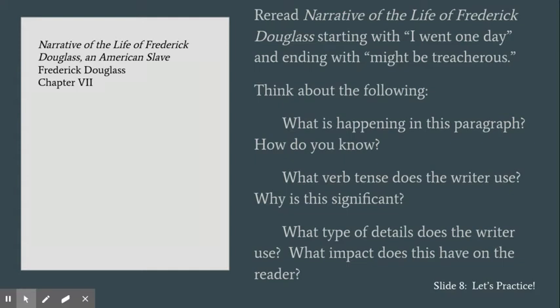Why is this verb tense significant? What type of details does the writer use? What impact does this have on the reader? I want you to read that paragraph, and then we will have a whole class discussion about those questions. So now, let's discuss.